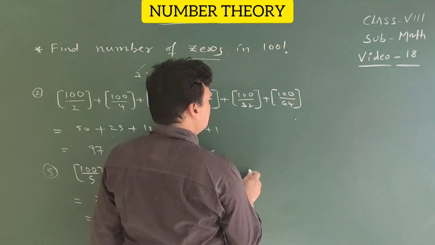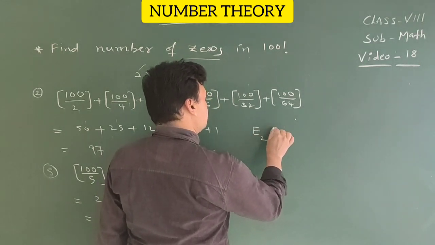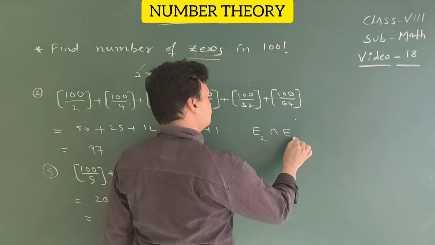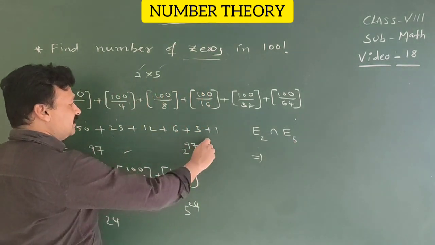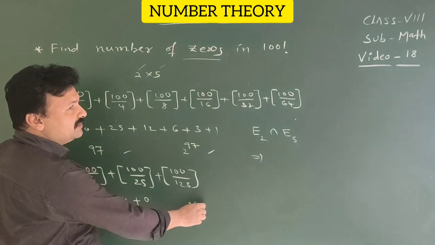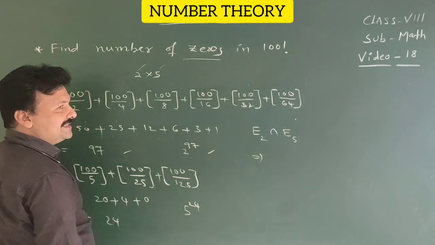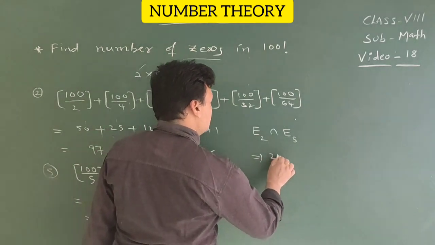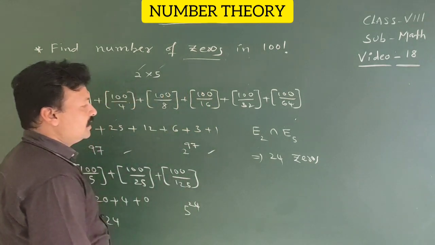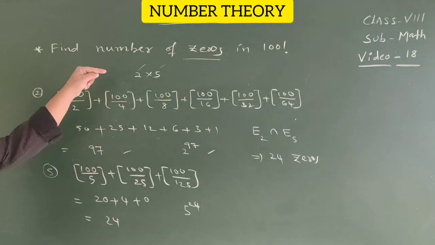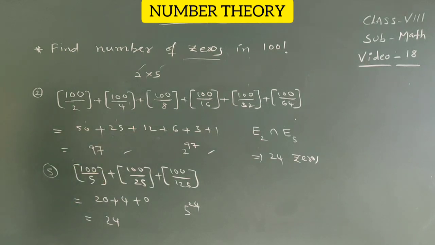For getting zeros, we want the intersection part. Here 97 twos are given and 24 fives are given. These 24 are common to the 97. That's why you will get 24 zeros. 100 factorial ends with 24 zeros.